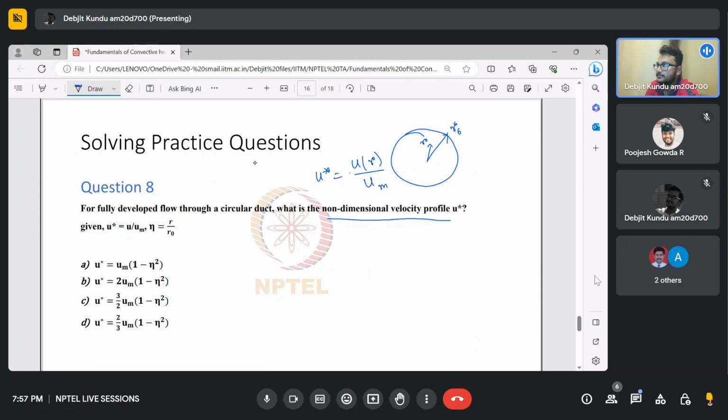Is it option A, u star equal to u_m into 1 minus eta squared? Is it option B, u star equal to 2 into 1 minus eta squared? Is it option C, u star equal to 3 by 2 into 1 minus eta squared? Or is it option D, u star equal to 2/3 multiplied by 1 minus eta squared? We have one response in favor of option D. Let's see what others have to say. Remember, this is for a circular duct.